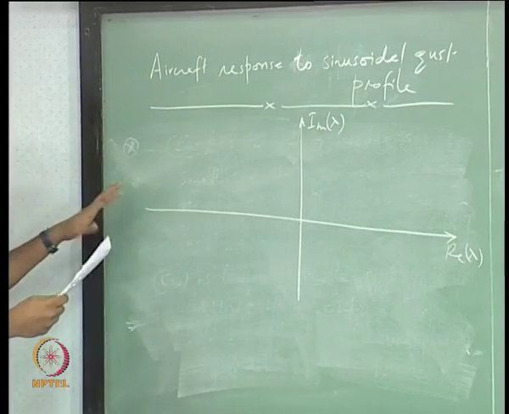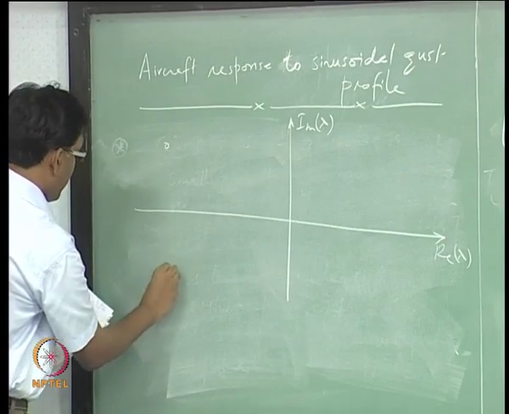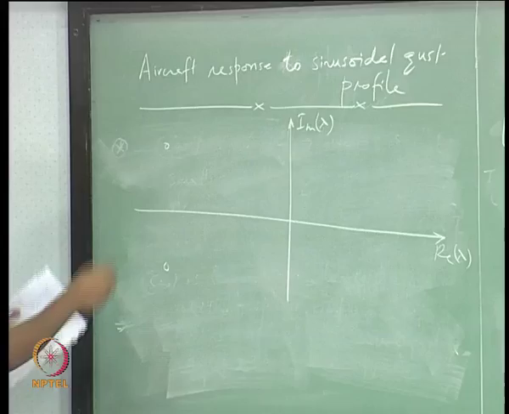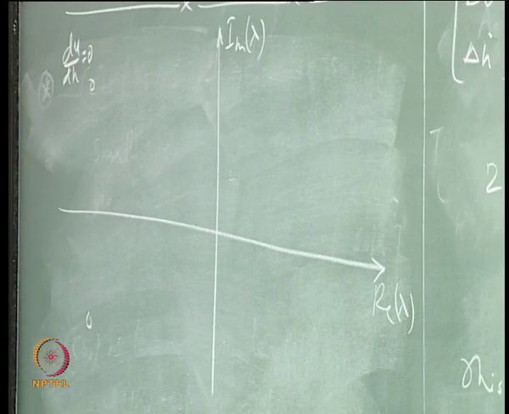So here I am plotting the Phugoid mode eigenvalues. So we are starting at this point when du over dh is 0.